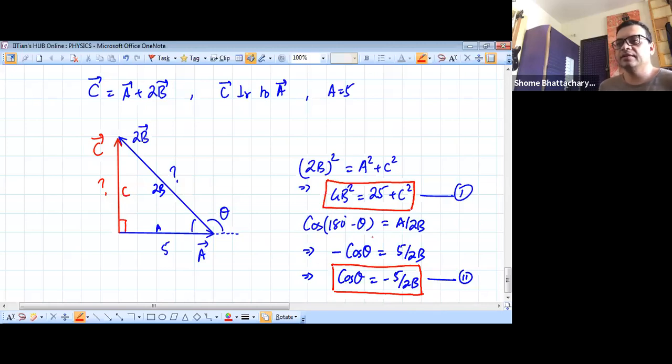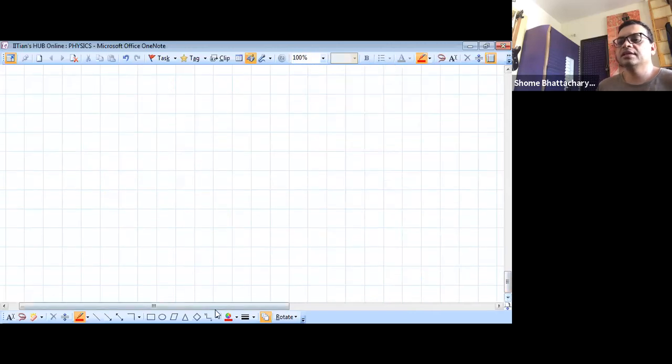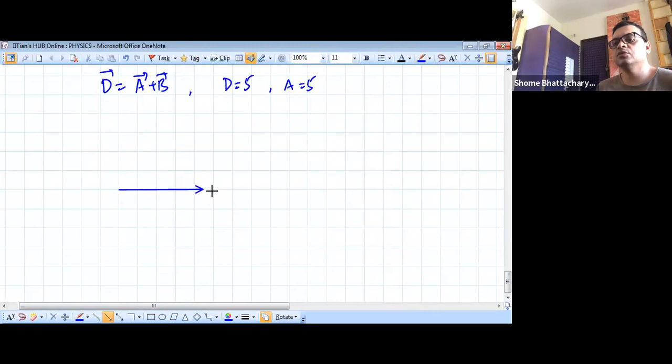So that is where the second triangle will come in. Now similarly, if we draw the second triangle, what is the information we are getting from that? D is equal to A plus B, where magnitude of D is 5. Magnitude of A was also 5. So that triangle in comparison will now look like this. Compared to the previous triangle, A is the same.